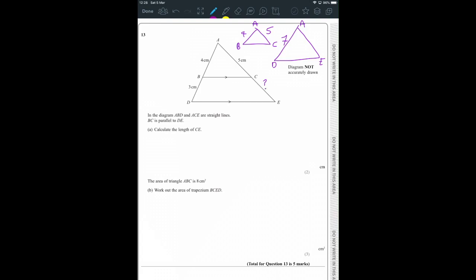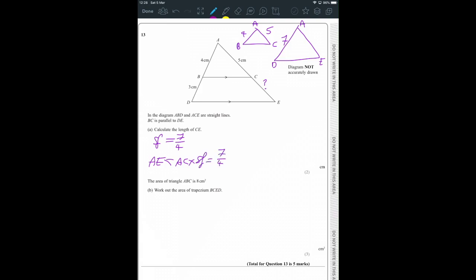Well, I can work out the length of AE using similar triangles. So first up, we need our scale factor. I always go for big divided by small. The 7 and the 4 are the two which match up. So then the length of AE is the smaller side, AC, times by the scale factor.